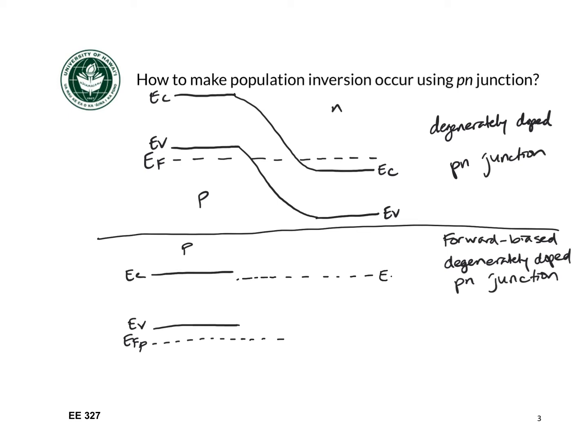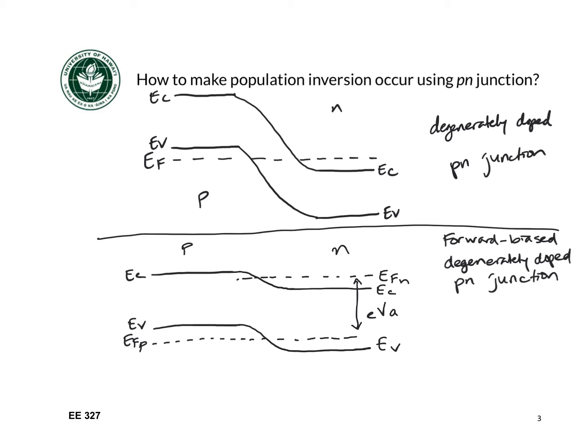Okay, here's the Fermi level on the n-type side. This offset is due to the applied forward bias voltage.